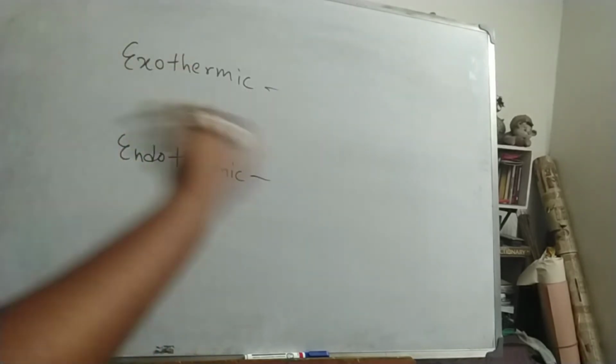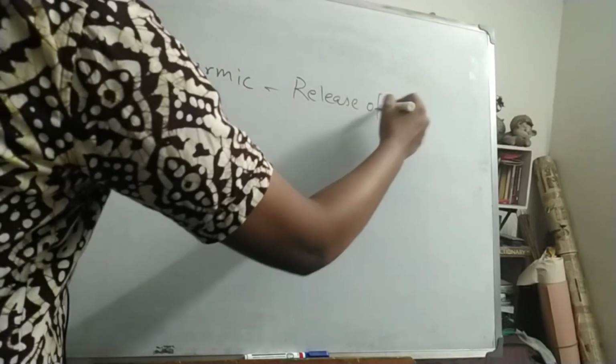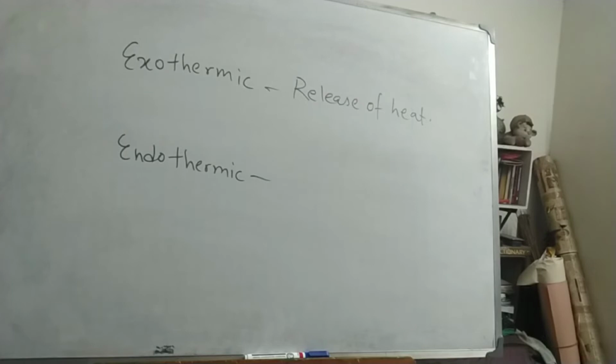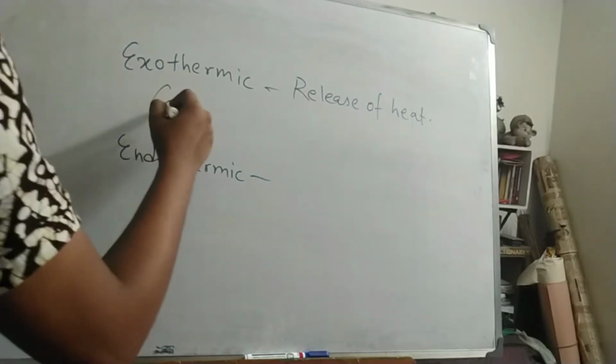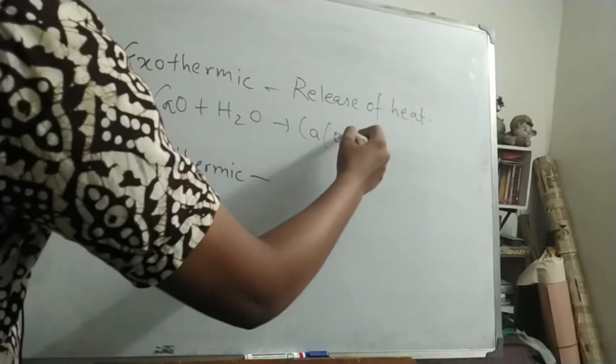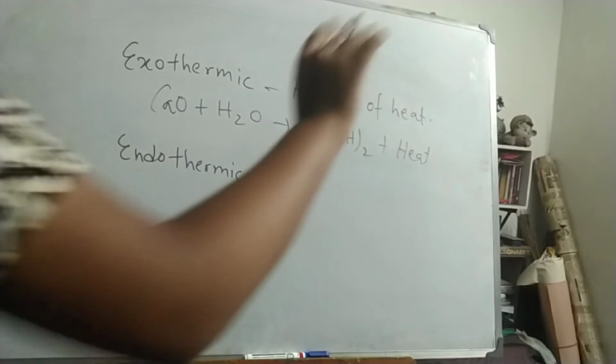Exo means release of heat. Example is CaO plus H2O gives Ca(OH)2, slaked lime, plus heat. Heat is released.